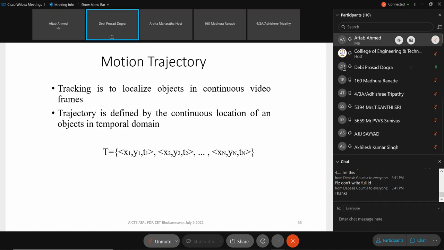So you have a trajectory of a moving or even stationary object for n frames, t1 to tn, and x and y tell the position of the object during this time. It's a very simplistic representation, but with this we can solve a lot of problems.